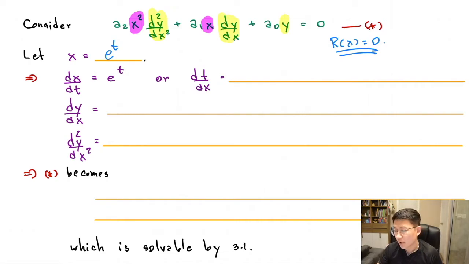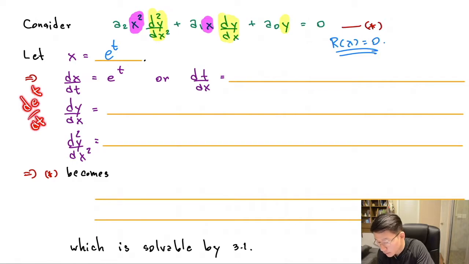Because of that we know that dx by dt is d of e to the t by dt, which is e to the t.